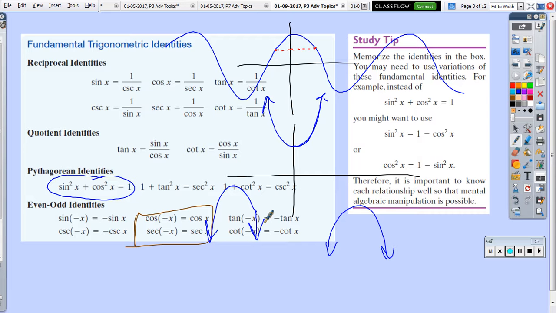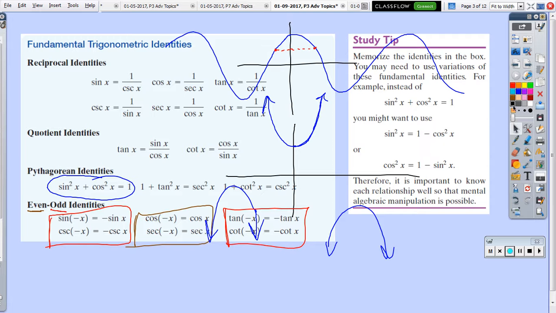You can imagine if I were to reflect this about the y-axis, it's an even function. You can see it has the exact same image. So these are the two even functions. And then these four here, these two and these two, would be your odd functions.